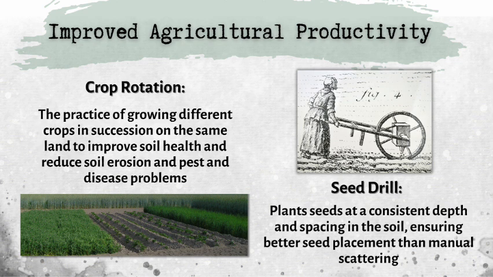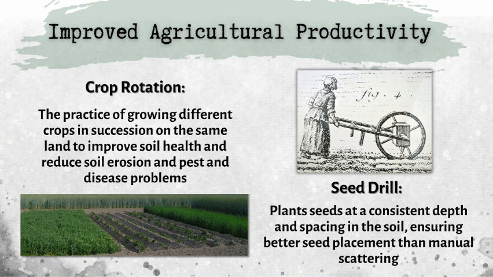We also see improved agricultural productivity. Crop rotation and the seed drill were instrumental innovations that significantly enhanced agricultural productivity during the early stages of the Industrial Revolution in Britain.